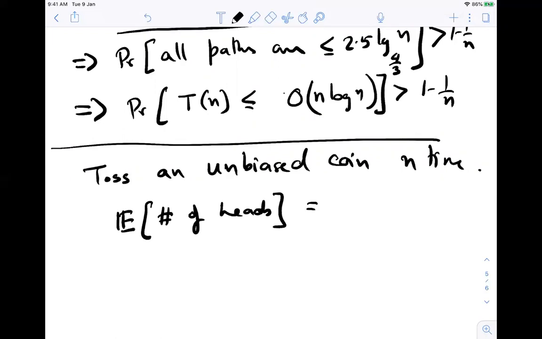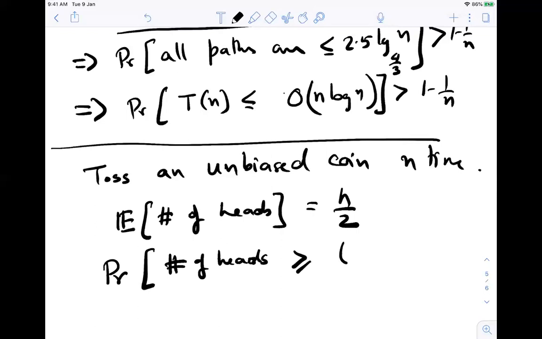This is n by 2, right? Then what is the probability that the number of heads is bigger than 1 plus delta times n by 2?